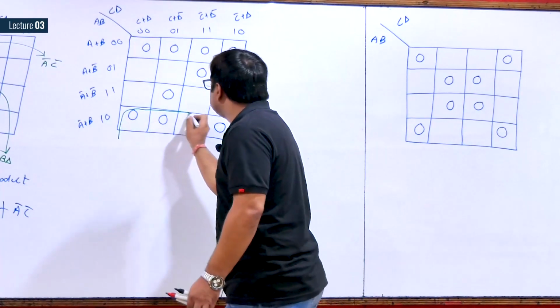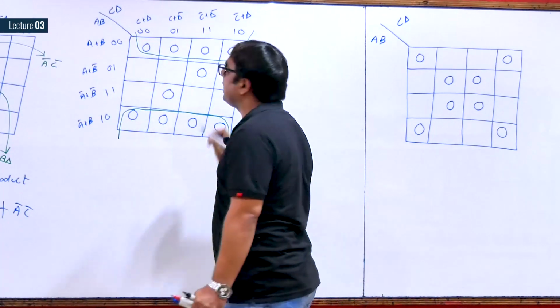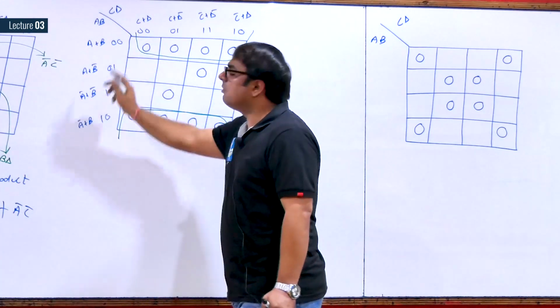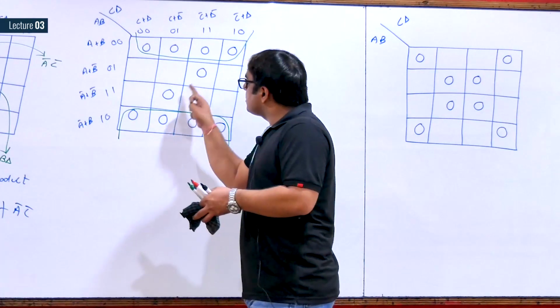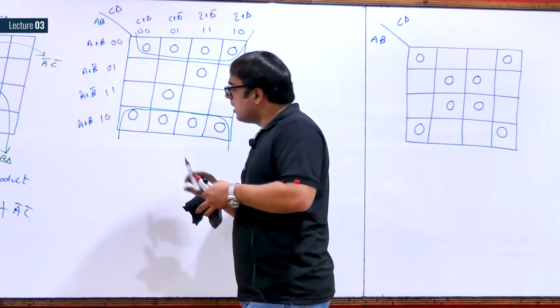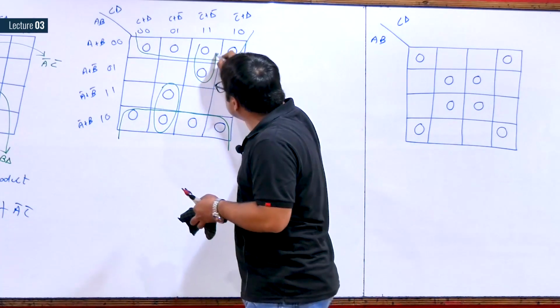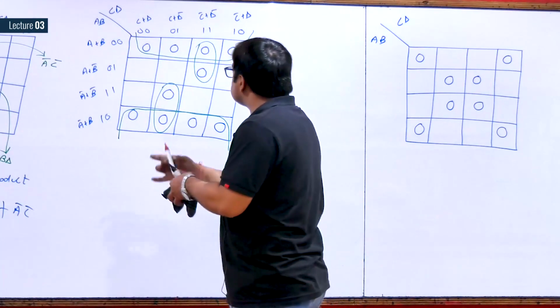This square and this square will combine to give you an octet. These two max terms are left. This max term will go as a pair, and this max term will also go as a pair. So now writing the answer.